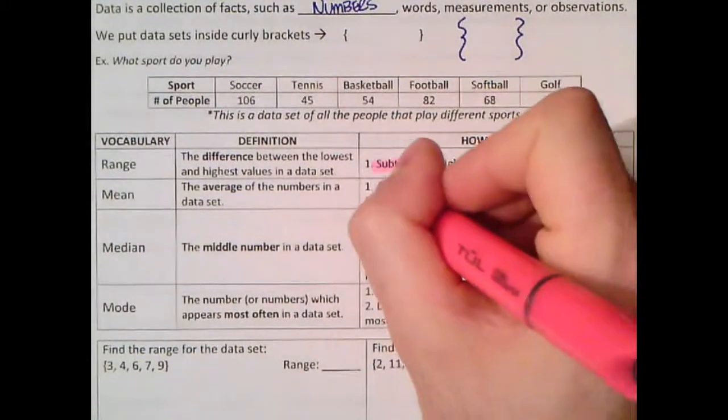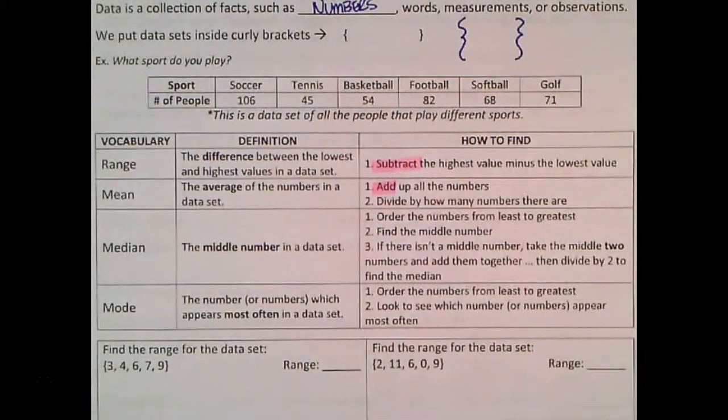So how they do that is they're going to add up all the test scores and then divide by how many numbers there are. So if you take all the test scores, add them up, and divide by how many there are, 85 is a class average. So that's like on average, people were scoring an 85% on the test.